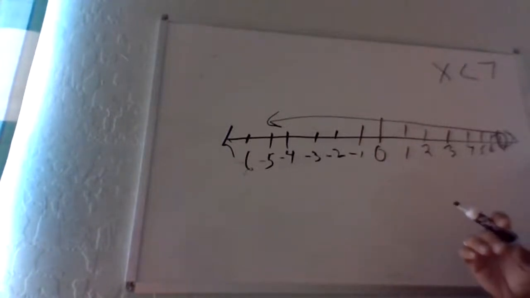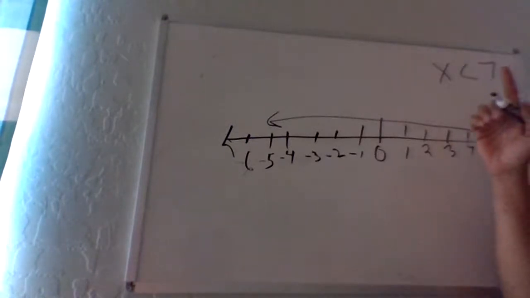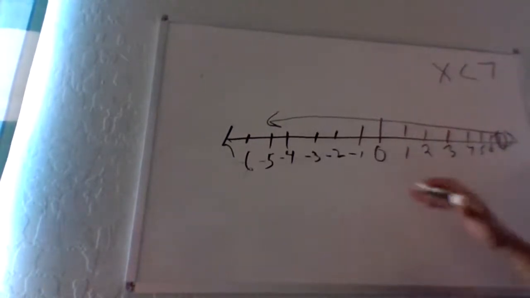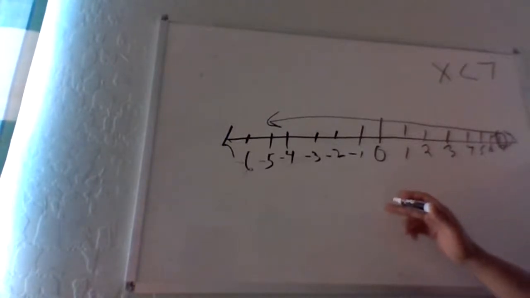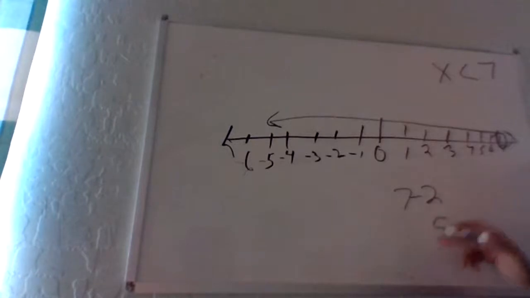So let's see. We know 7 would make it true, right? 7 minus 2 is 5. That's on the one side. I'm just going to work it out real quick here so we can see it again. So 7 minus 2 is 5, so 5 has to be less than everything else.